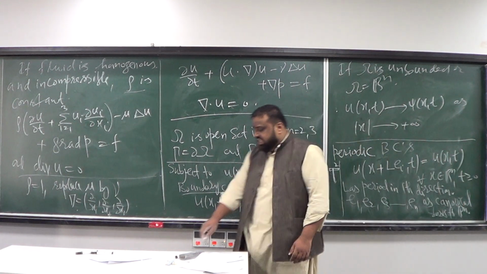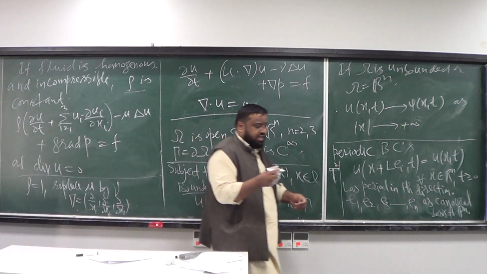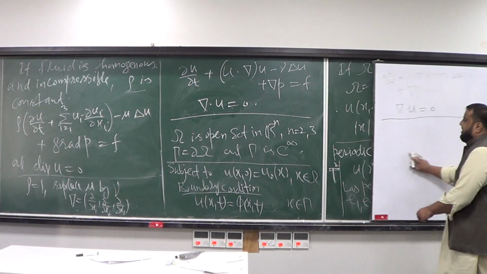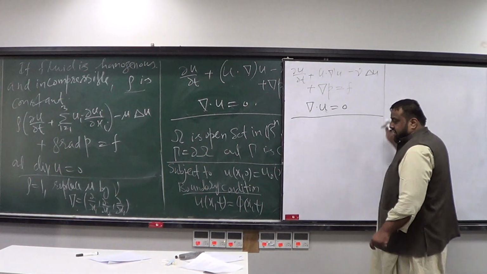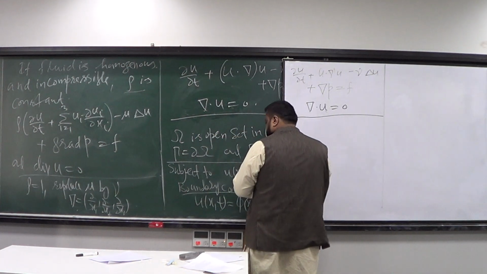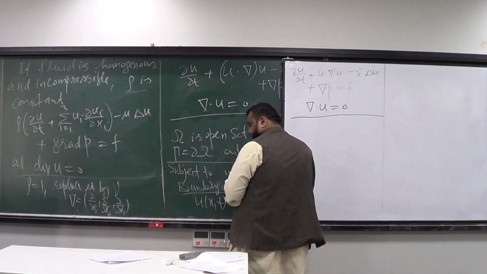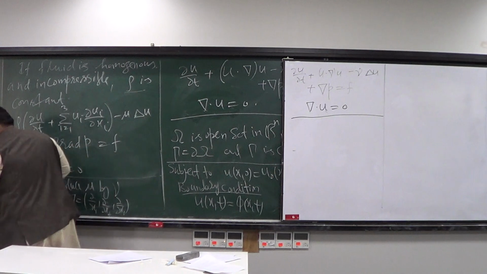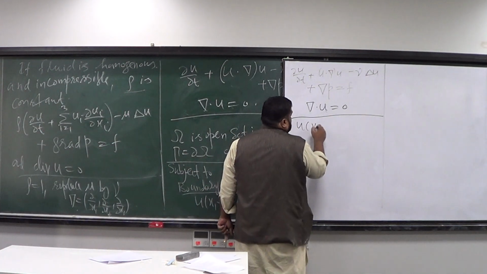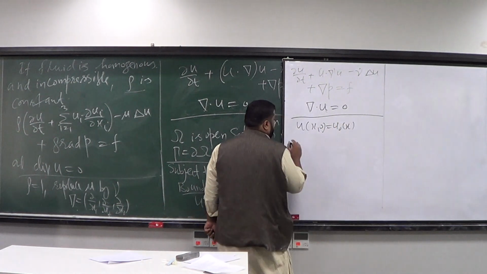Let me write some of these quickly. So the initial condition is u(x,0) = u0(x) for all cases.